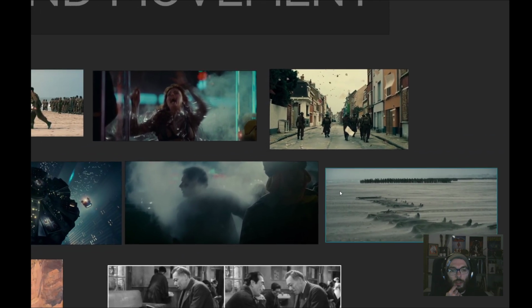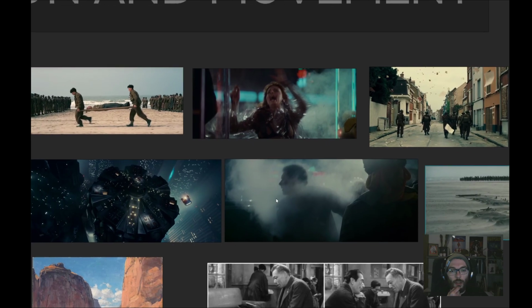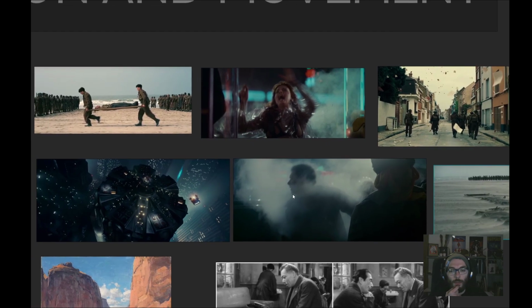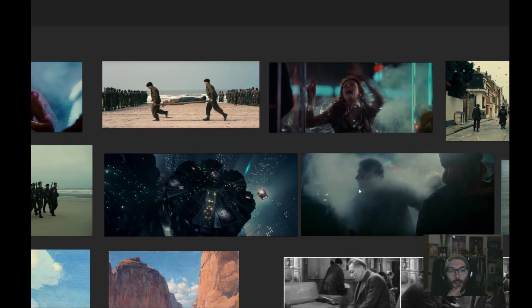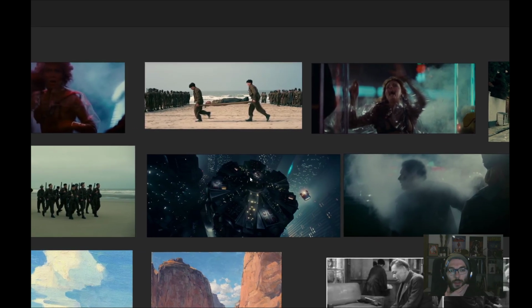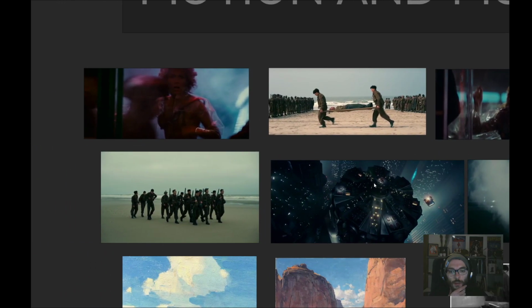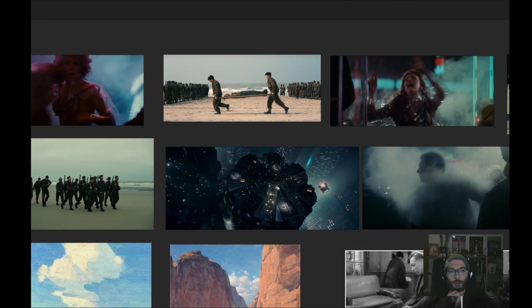You can see in almost every painting, every frame, excuse me, the movement feels present. Something is happening. A story is told in all those frames.